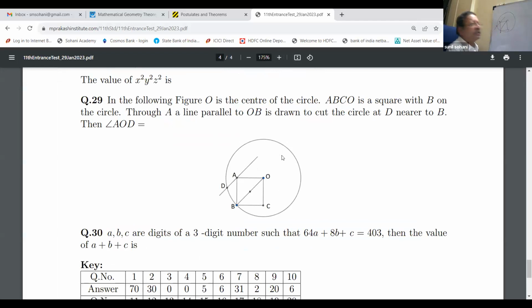So please draw the figure, point number one, and also start marking the things which are given in the question as per your understanding. Don't look at the figure blankly, then nothing will happen. I hope by now everybody has drawn the figure.